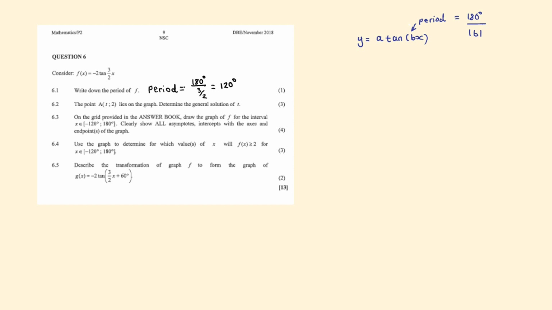Question number 2 says the point A, which is (t, 2), lies on the graph. Determine the general solution of t.